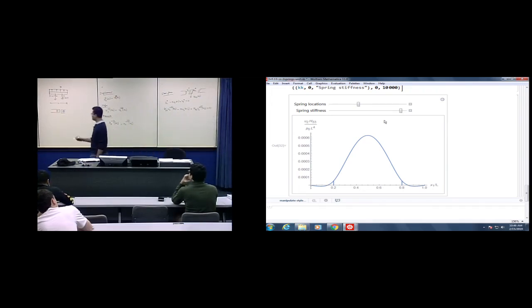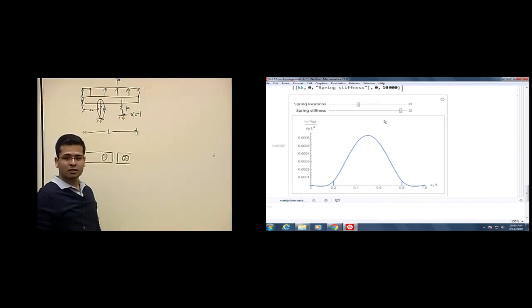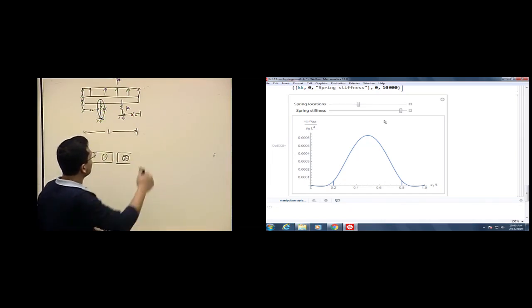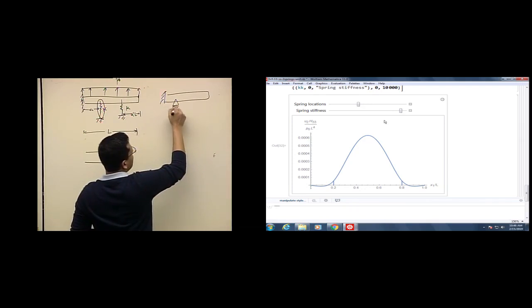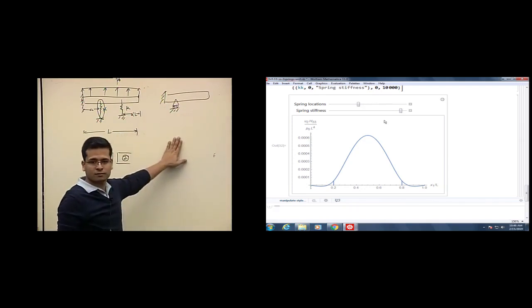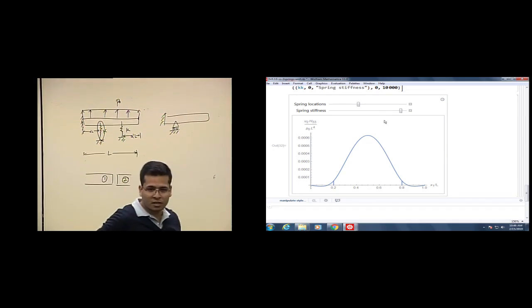So what does it mean? It means that the spring has become so rigid that it's not allowing any displacement. So you can say that equivalently, it's a problem where you are restricting the displacement, right? If the spring stiffness is so high, then essentially you are restricting the displacement. You're not allowing it to move, and that's why you see that effect, right?